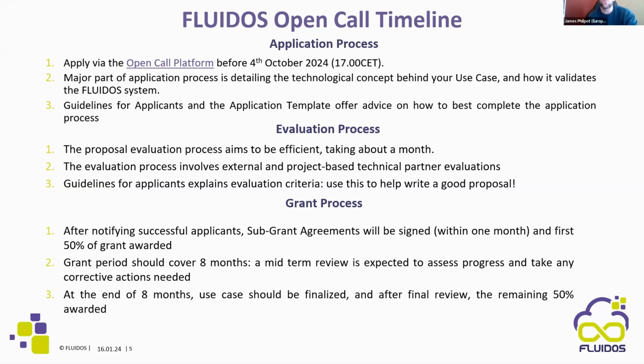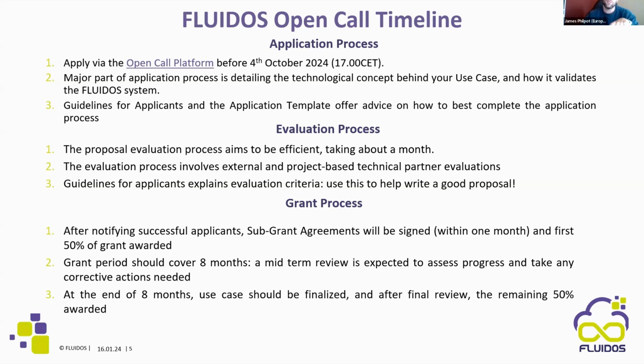do the evaluation. So this is done both externally through evaluators that are not part of the project, and also internally through a kind of eligibility check and a technical compatibility check as well. Finally, once the evaluation process is complete, we notify all of the applicants of the status.